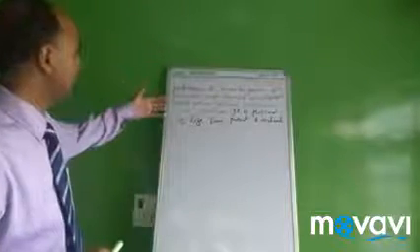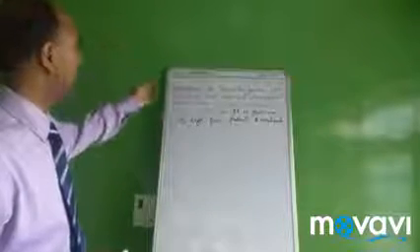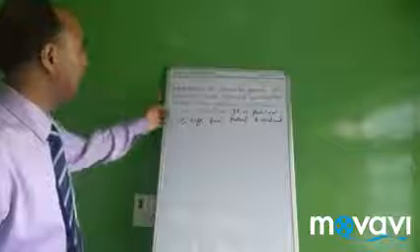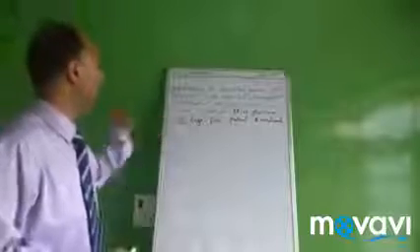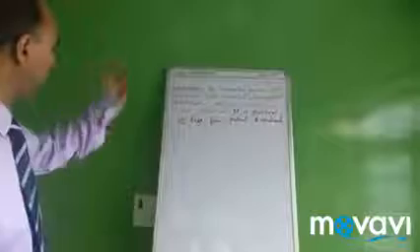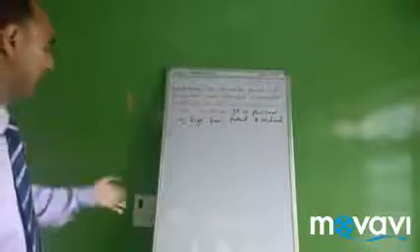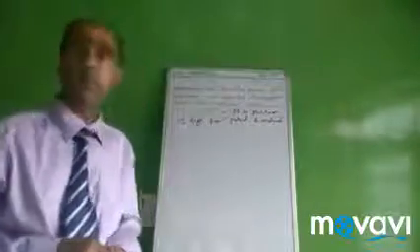In adolescence, it is the transition period of physical and mental development which occurs between childhood and adulthood.